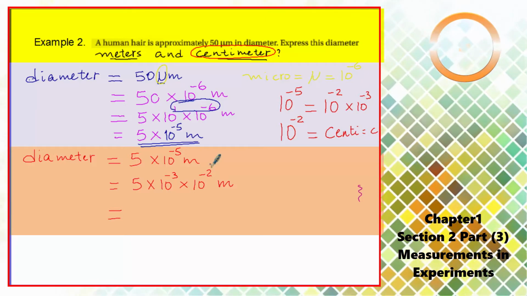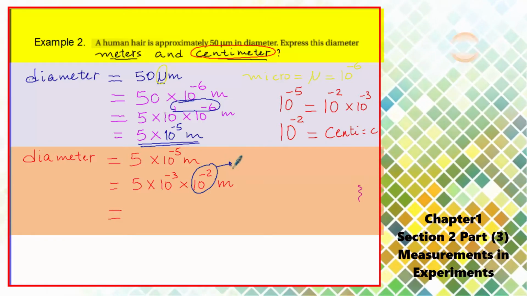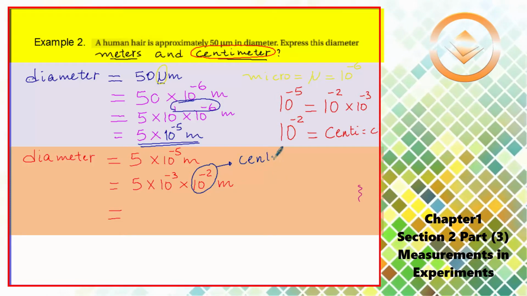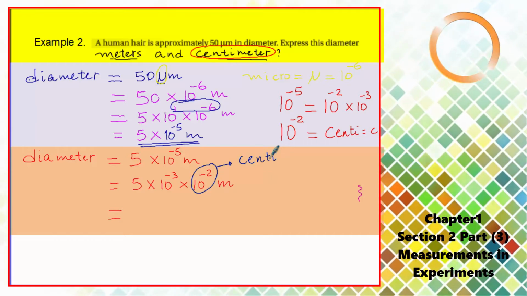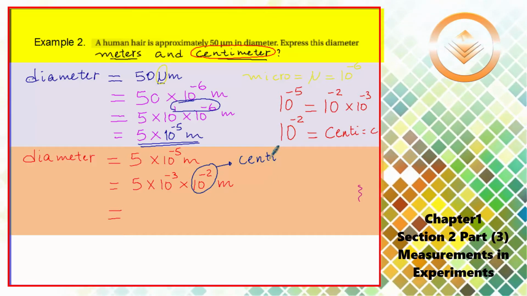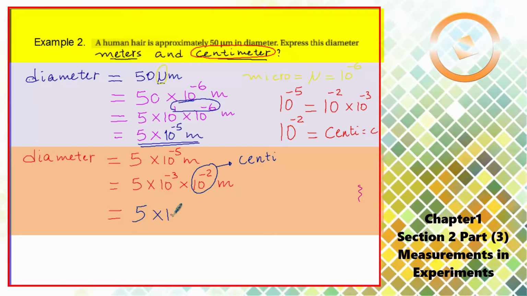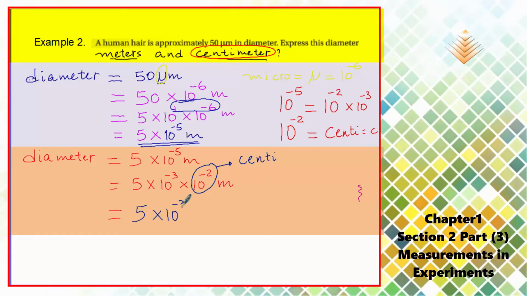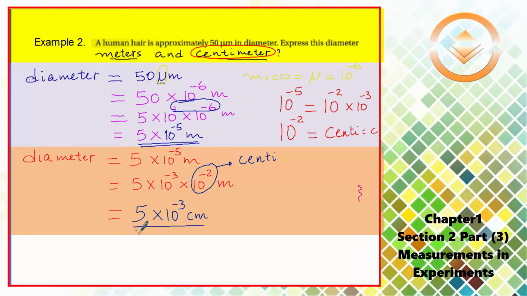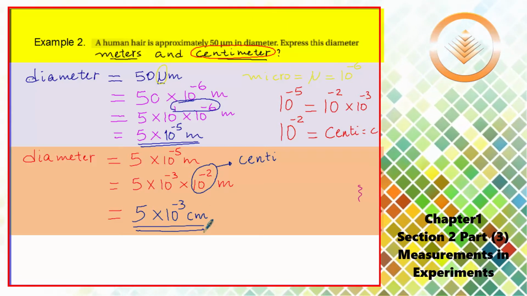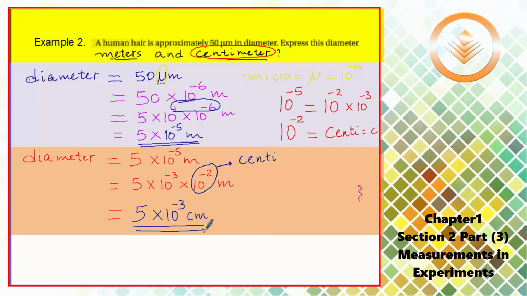Instead of this 10 to the power of negative 2, I can use the prefix centi, because centi is a prefix which refers to 10 to the power of negative 2. So this is equivalent to 5 multiplied by 10 to the power of negative 3 centimeter. That's all. This is how we change the given diameter to centimeter and meter.